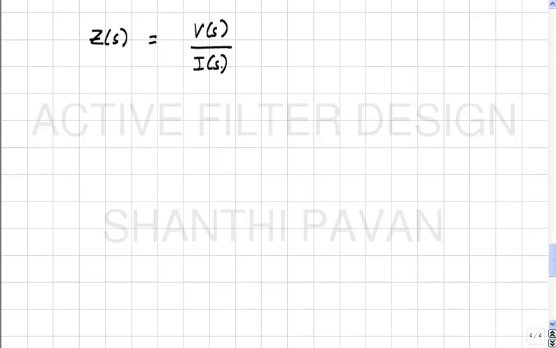Since this is a physical system where nothing can blow up, it must follow that the poles of Z of S, we don't know where they are, but we know where they cannot be. They cannot be in the right half plane.